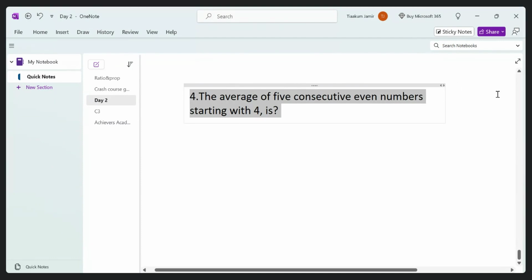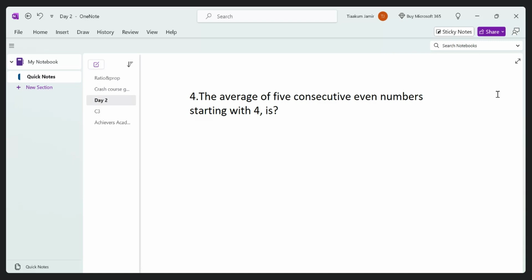All right. Question number 4. Consecutive even number, consecutive odd number, consecutive number, we have to do it this way. Starting with 4, let us take it.